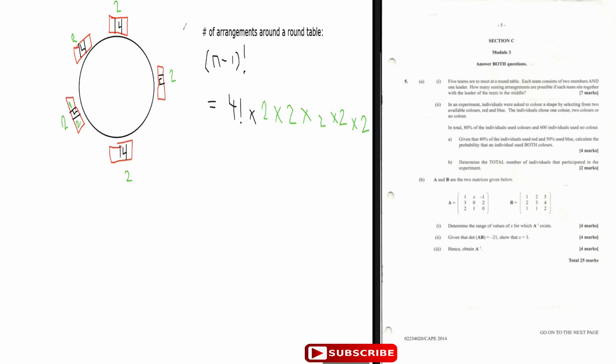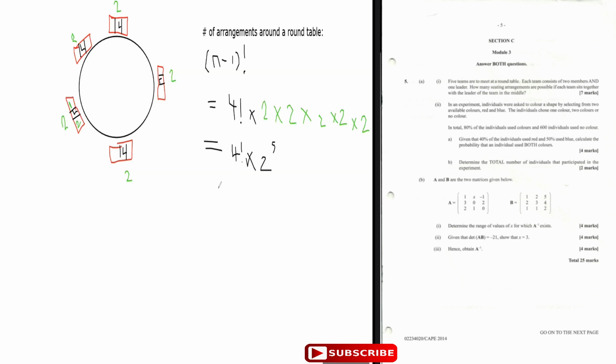All right, so you put all of that in a calculator, and that's going to be equal to 4 factorial times 2 to the 5th power, just to write it more easily, getting 768.